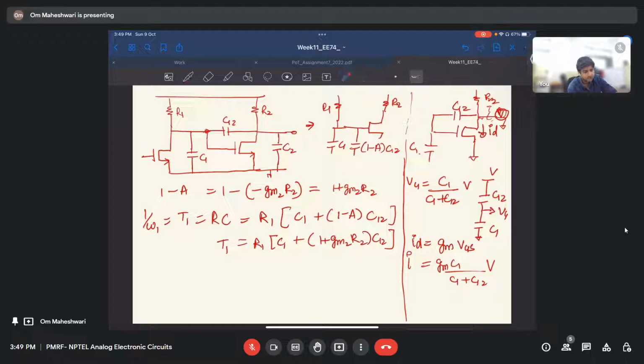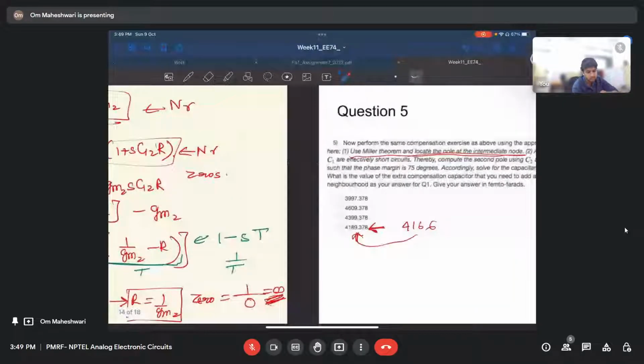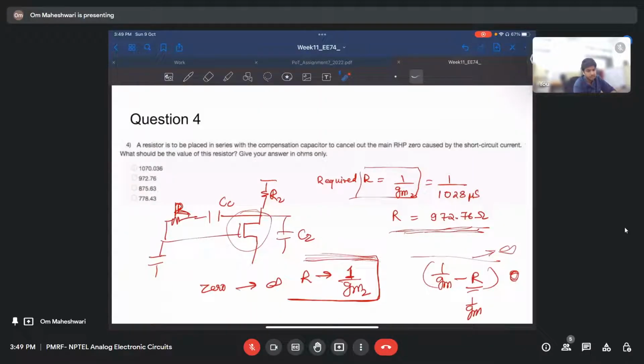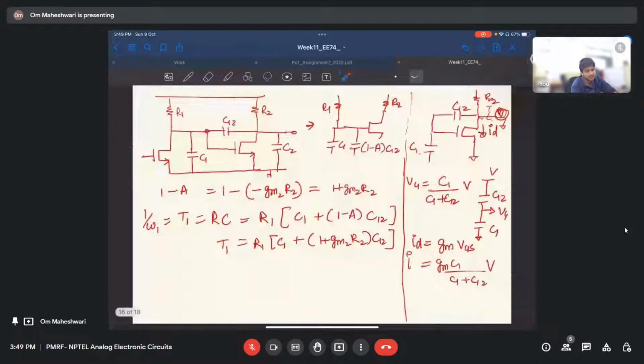Now, let us see the values again. GM2 is about 1 by 1028 microsiemens, and R12 is some 900 ohms. Some resistance here is 1 by GM times some factor, but R2 was about 71 kilo ohms, a large value.